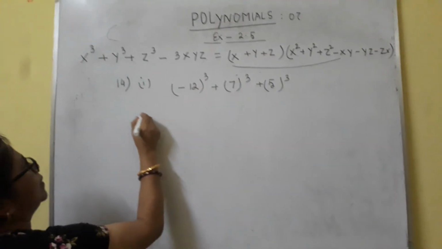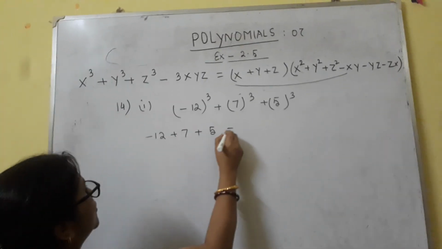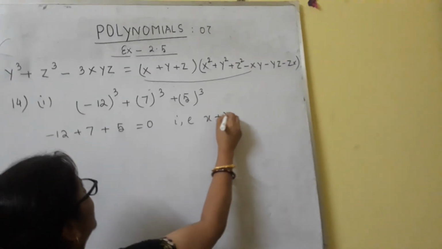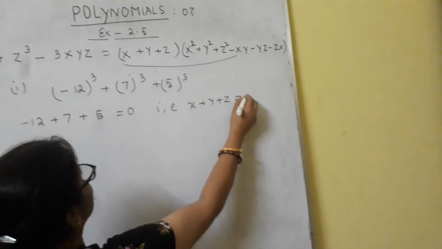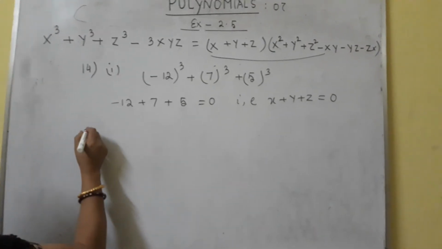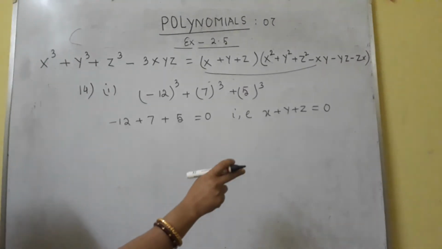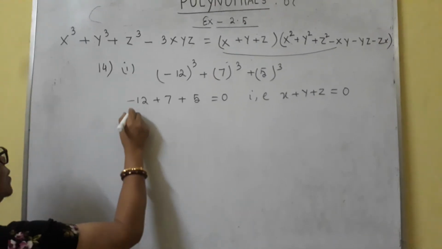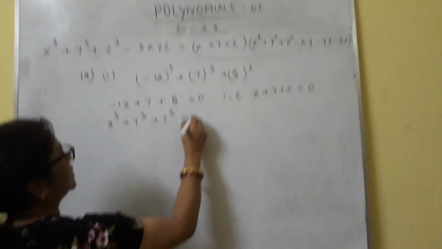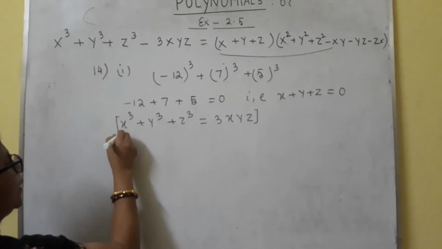Just take minus 12 plus 7 plus 5, which gives you 0. That is, if we consider x plus y plus z equals 0, then x cube plus y cube plus z cube equals 3xyz.